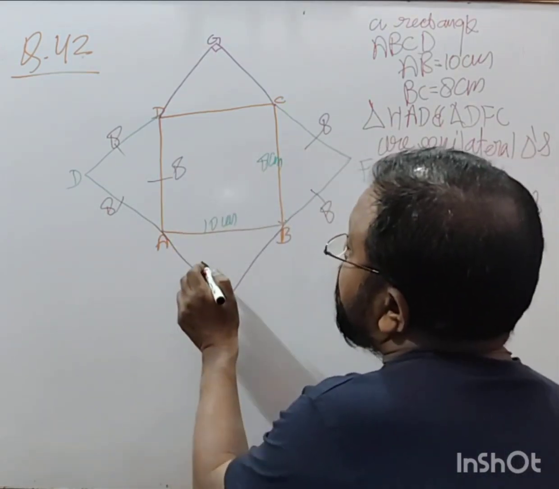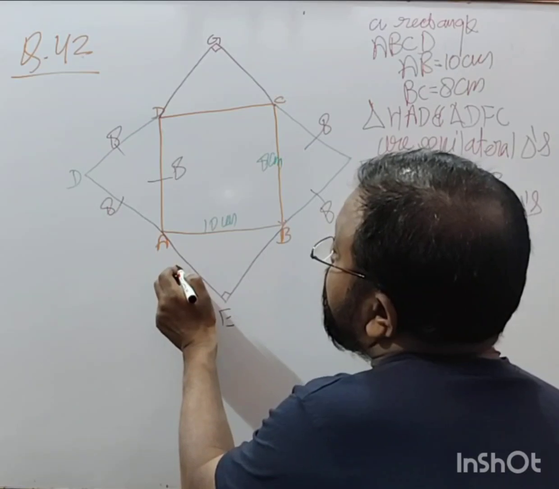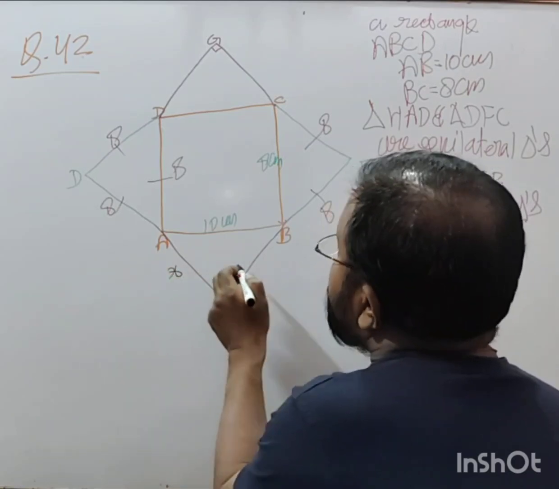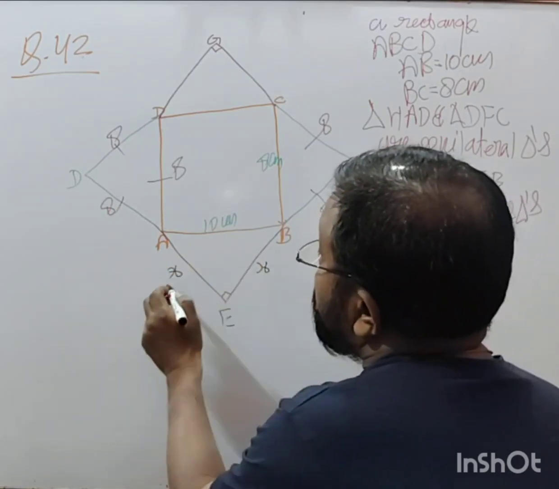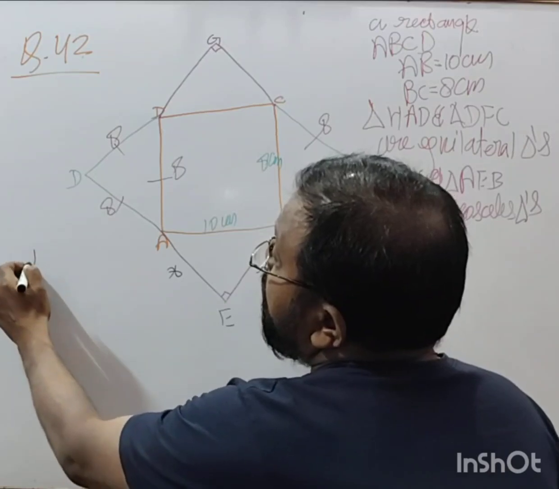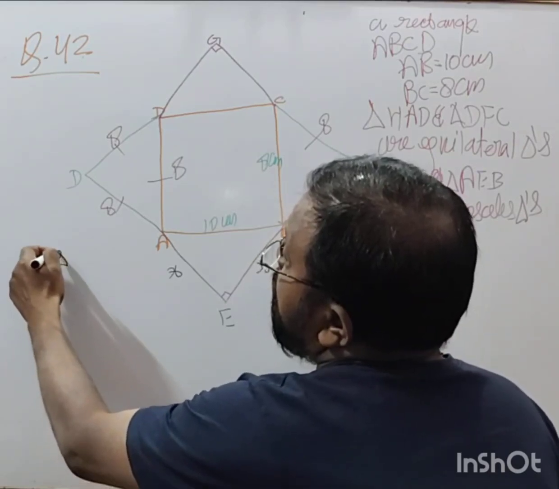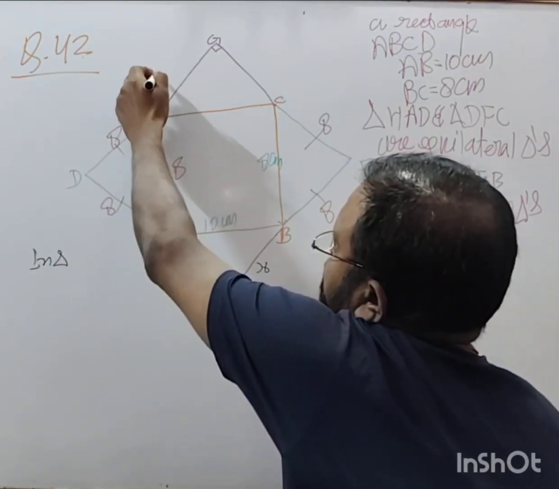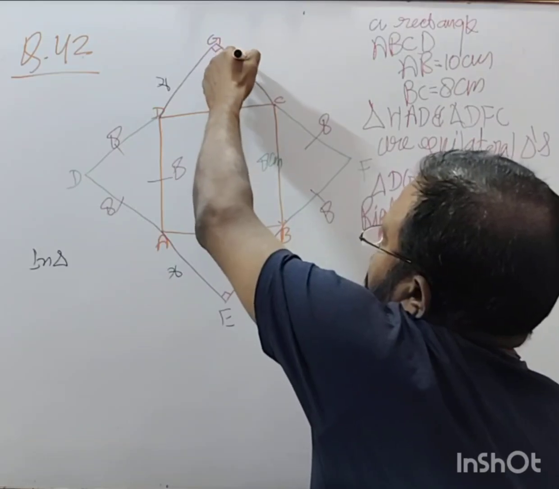This is what? If I say this is x, this is x. So in the triangle, this will also be x.